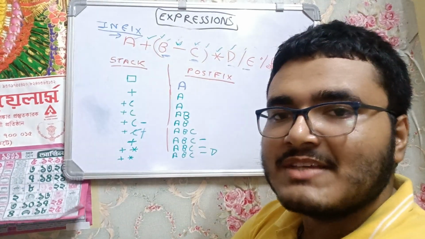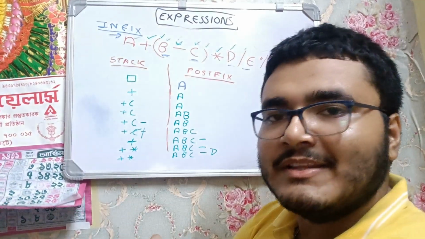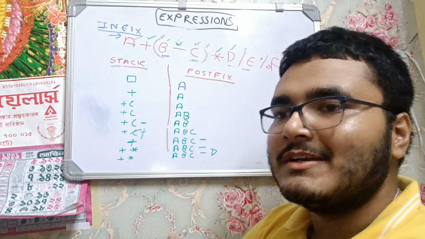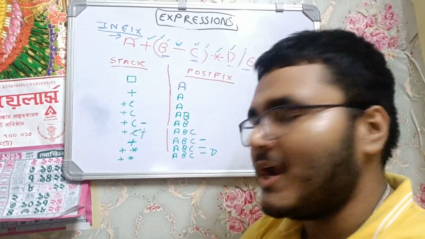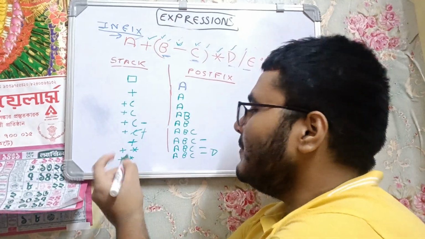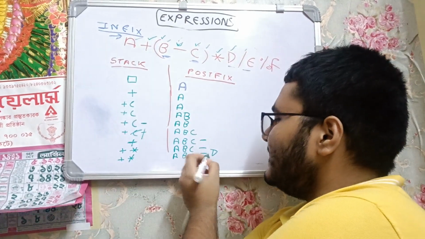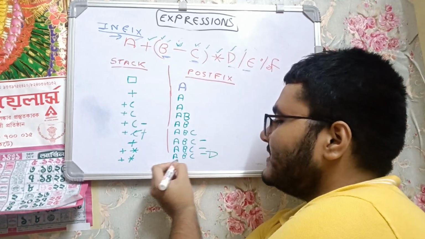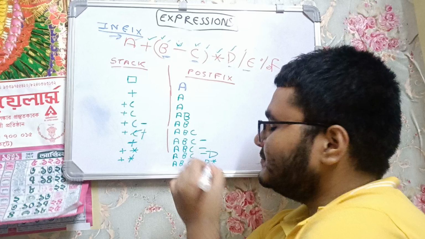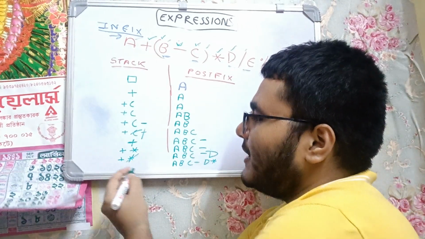As I mentioned in the second rule, if the operator at the top of the stack has greater than or equal priority, here not greater but equal, so pop it out and push it into the resulting postfix expression. So A B C minus D into, okay, and this has been popped out.